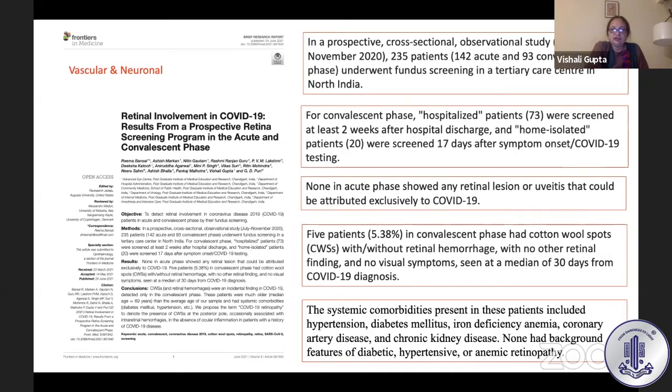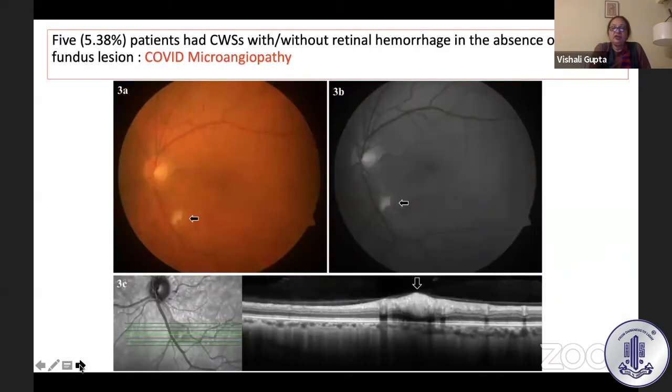They had no other retinal finding and no visual symptom. These spots appeared 30 days from the day of COVID diagnosis. These 5 patients did have comorbidities like diabetes, hypertension, anemia, coronary disease, and kidney disease, but none had features other than the cotton wool spots suggestive of any disease.